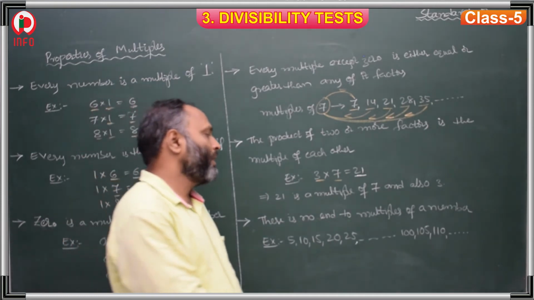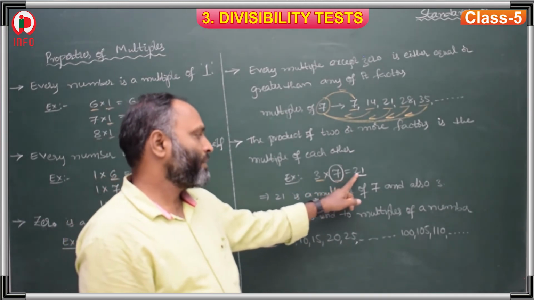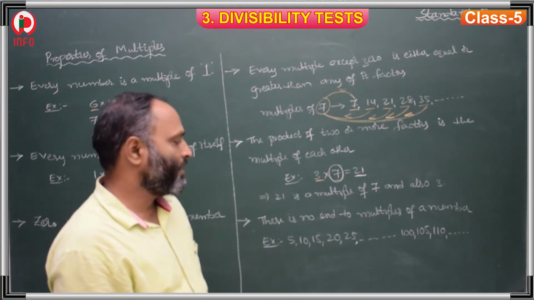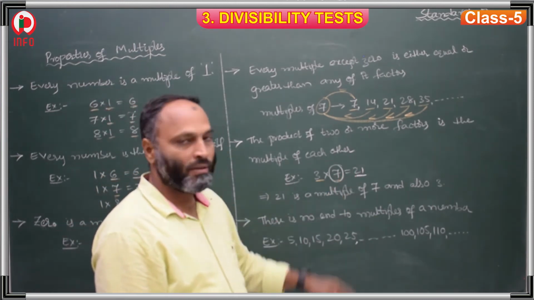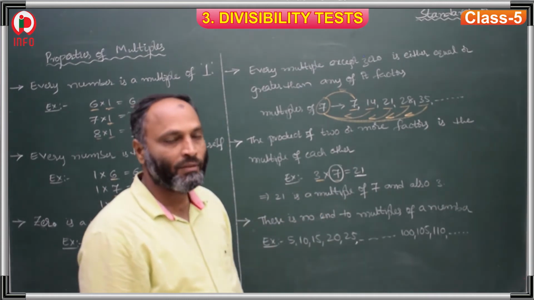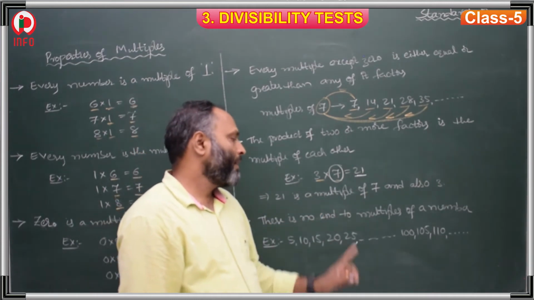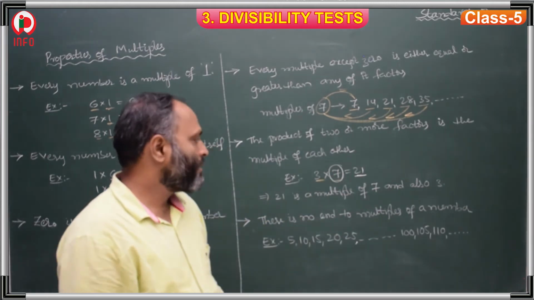Now, if you write the 7 table, 7 1s are 7, 7 2s are 14, 7 3s are 21. It means 21 is a multiple of 7 and 21 is a multiple of 3. The multiple of 3 is 21 and the multiple of 7 is also 21. So two or more.